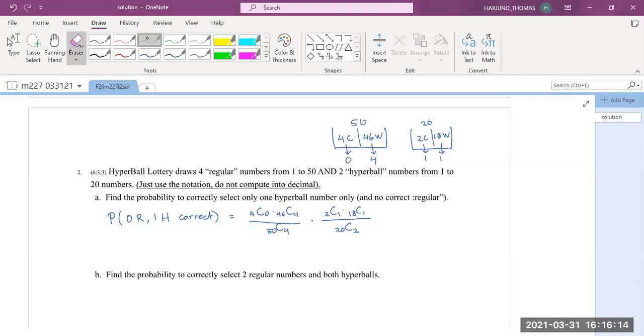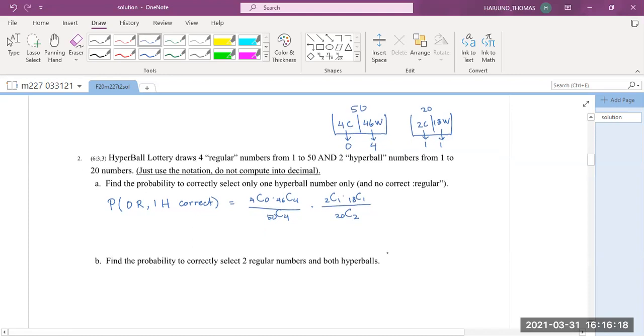Part B. Find the probability to correctly select 2 regular numbers. So let me redraw the boxes. This is 50 regular numbers, 4 of them correct and 46 of them wrong. Now you need to get 2 regular numbers correct, which means the other 2 are wrong.